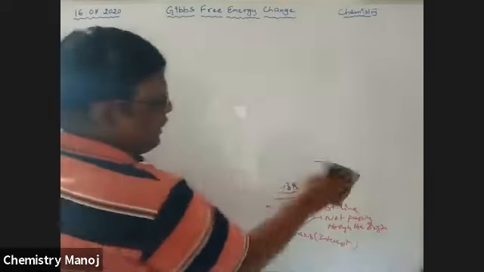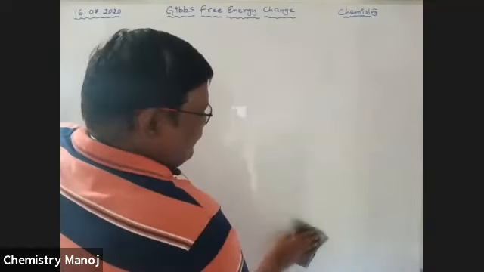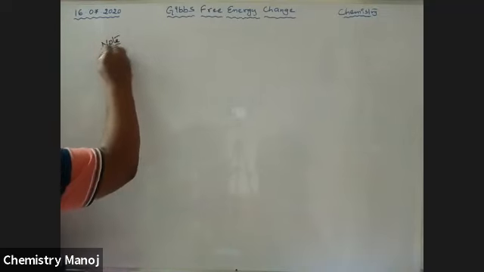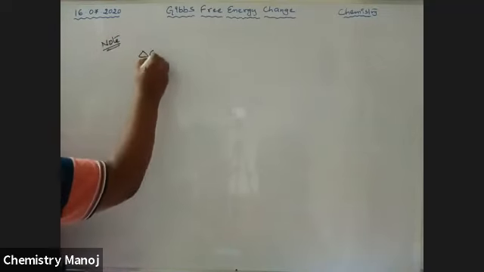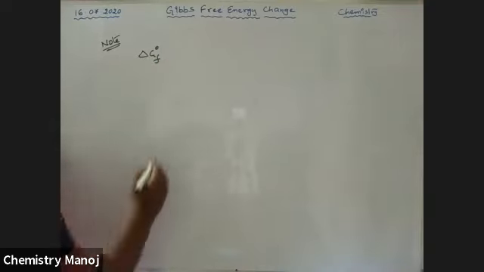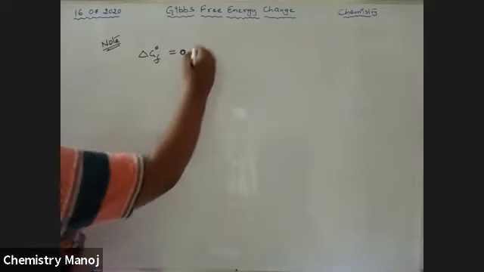I will give some values towards delta G naught. See here. Very, very important points, boys. Note: delta G naught of formation, F means formation, is equal to 0.